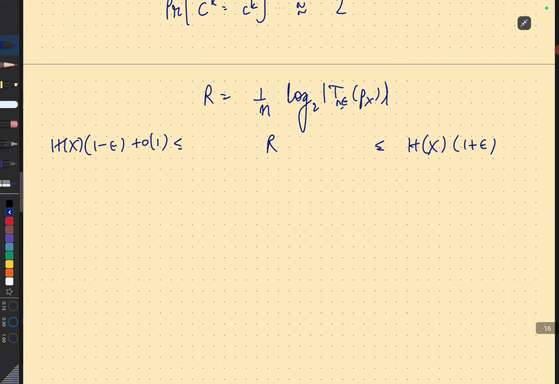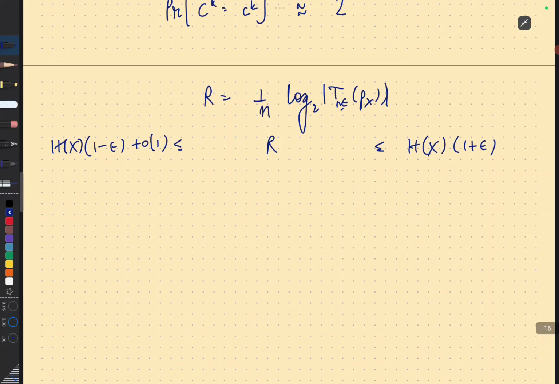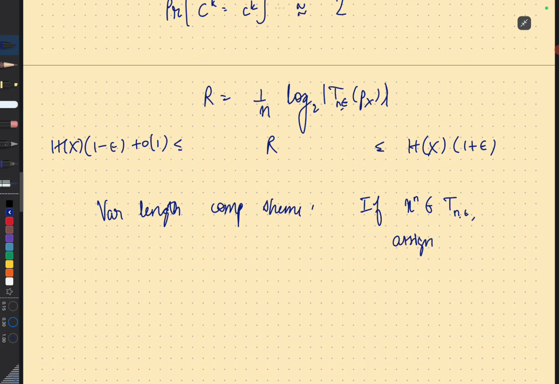Right? And the way you do it is the following. You can use this to come up with a variable length compression scheme, which is: if the sequence that you observe lies in the set that you're compressing, then you assign the nR length code word.